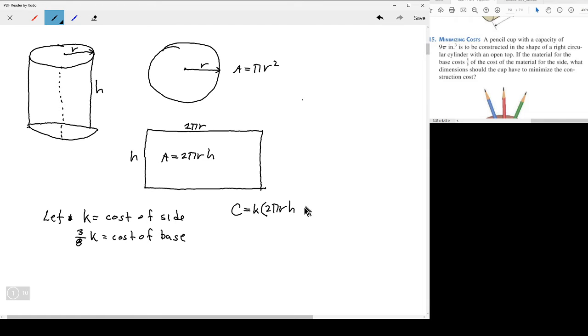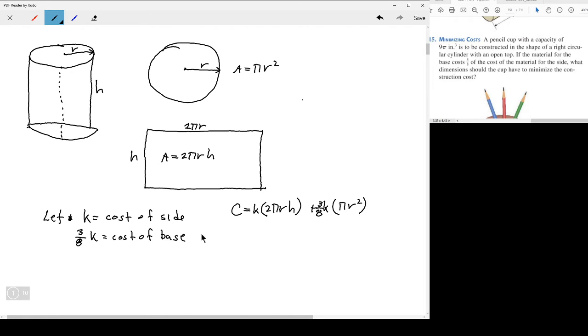And I'm hoping you can't hear the garbage men outside right now with their truck. That is the cost of the side plus the cost of the base, which is 3/8 K times the material, which is pi r squared. That was the first part, getting the correct equation for the cost.